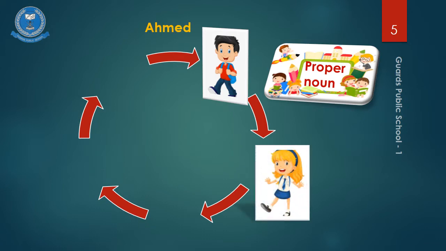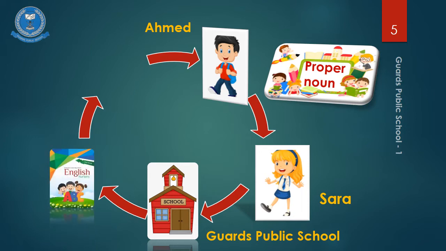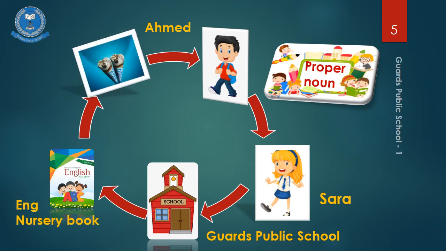And the special name given to a girl is Sarah. What is this? This is a school. And the name of the school is Guards Public School. This is an English book. And this is a Cornetto ice cream. These all are proper nouns.